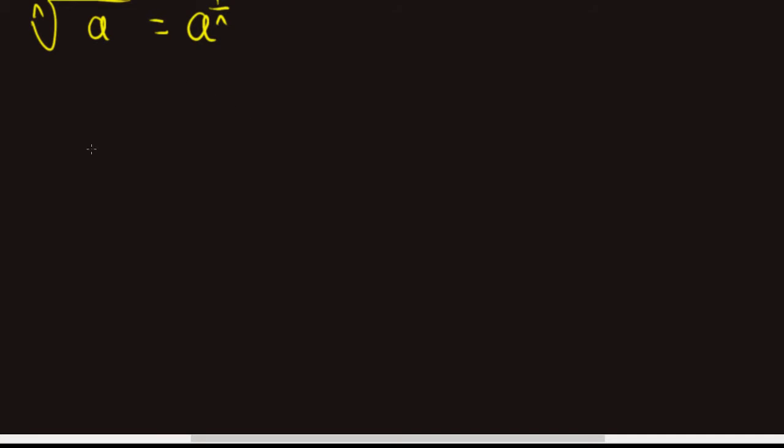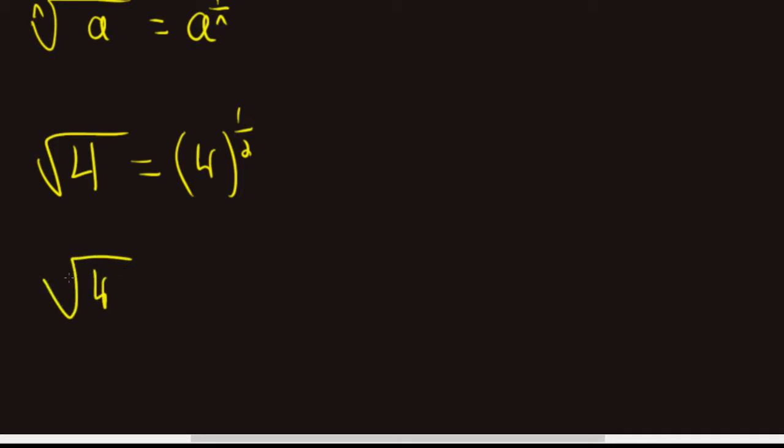So if you have the square root of 4, that's the same thing as 4 raised to the 1/2 power. That's also why if we were to have the square root of 4 raised to the power of 2, well, that's simple exponent rules.